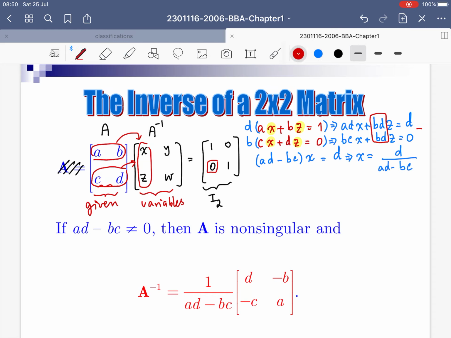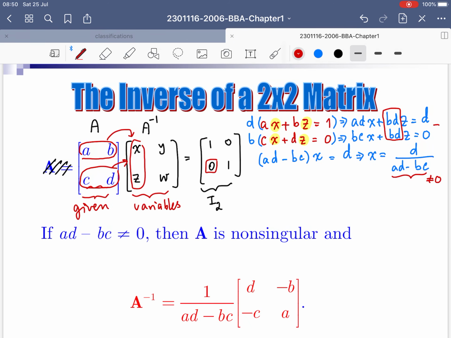However, it depends on your bottom as well, that your bottom must be a non-zero number, in order to make it a denominator. So let's look at another two variables, Y and W. Let us do the first row multiplied by your second column.